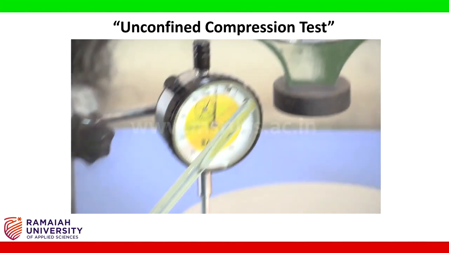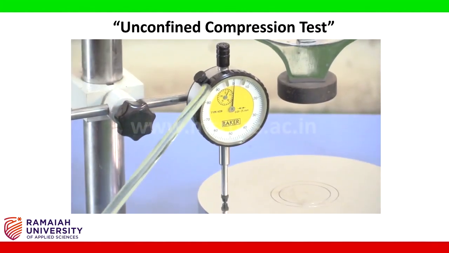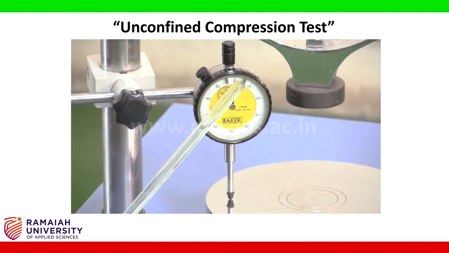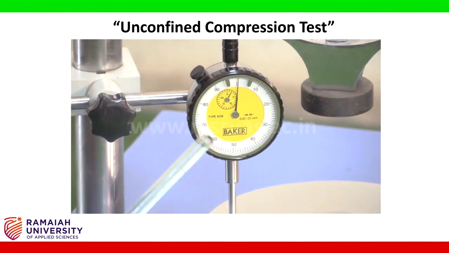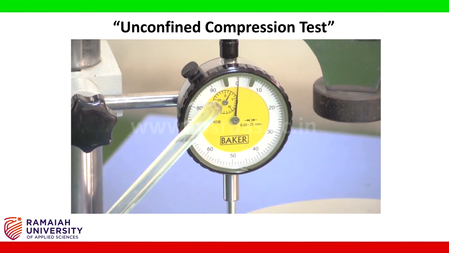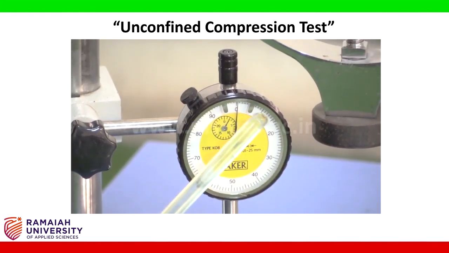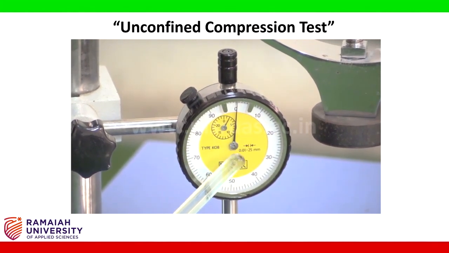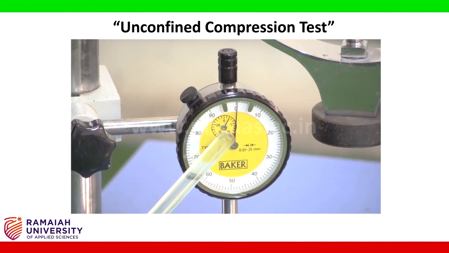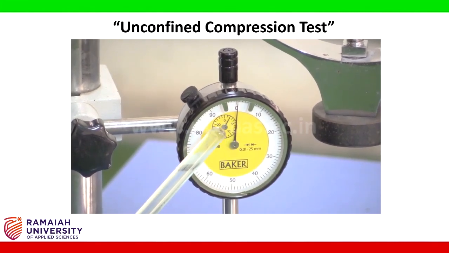This dial gauge is used for measuring the deformation of the soil sample. This dial gauge also has a main dial as well as a small dial. The small dial gives you the number of full rotations. The maximum capacity of this dial gauge is 25 mm, which can be seen from this small gauge.